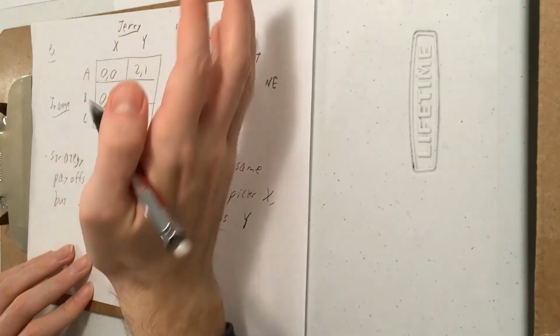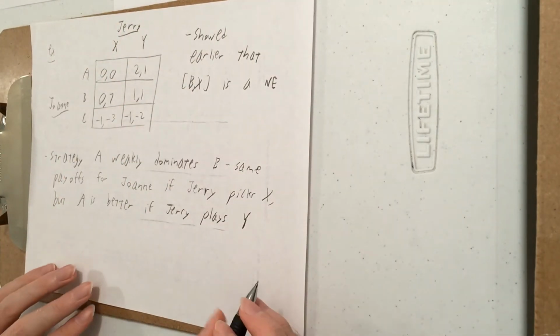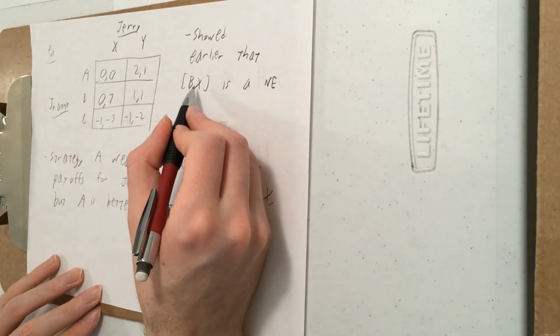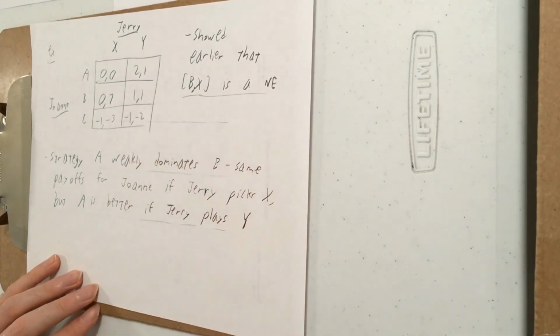So if you had eliminated strategies that are weakly dominated, you would eliminate B, but that would be eliminating a strategy that is part of a Nash equilibrium.